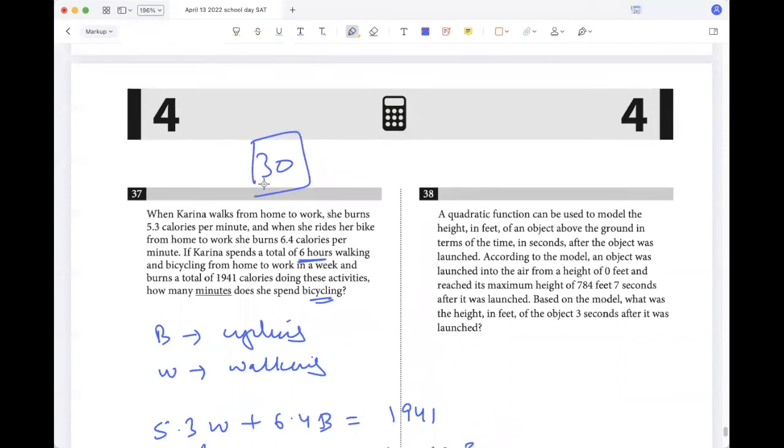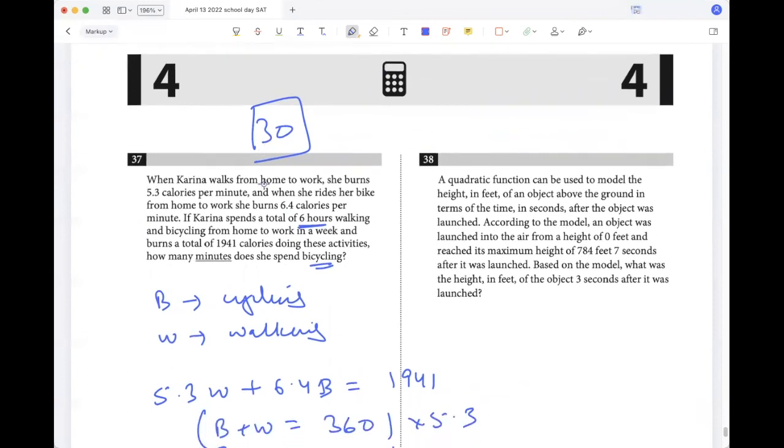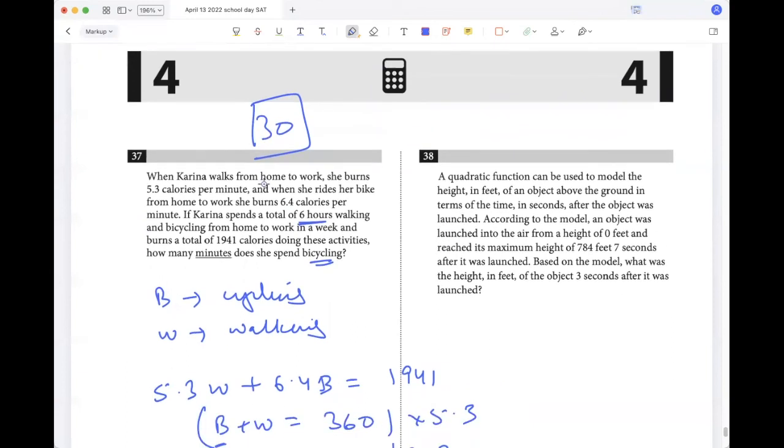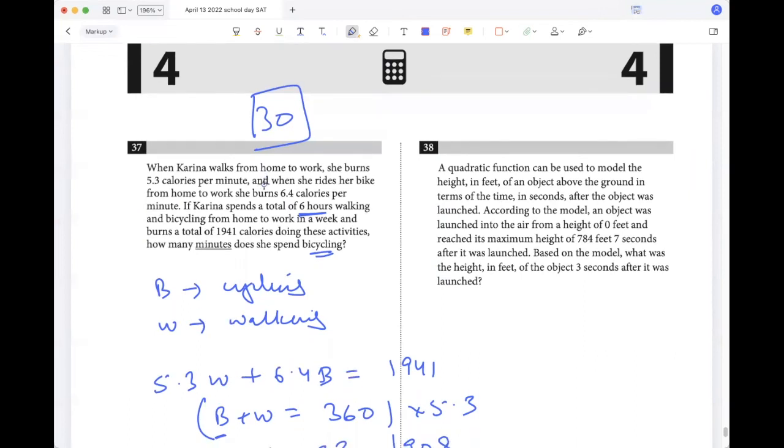Okay. A quadratic function can be used to model the height of an object above the ground in terms of the time after the object was launched. According to the model, an object was launched into the air from a height of 0 feet and reached its maximum height of 784 feet 7 seconds after it was launched. Based on the model, what was the height of the object 3 seconds after it was launched?